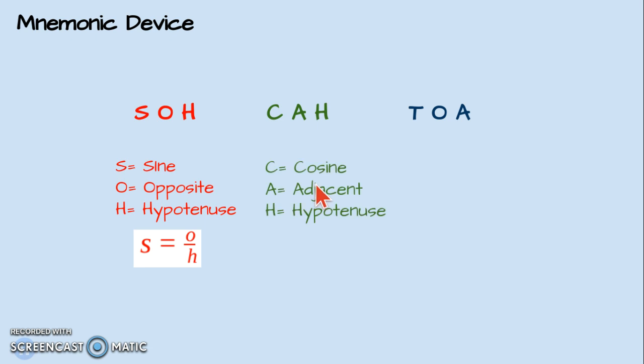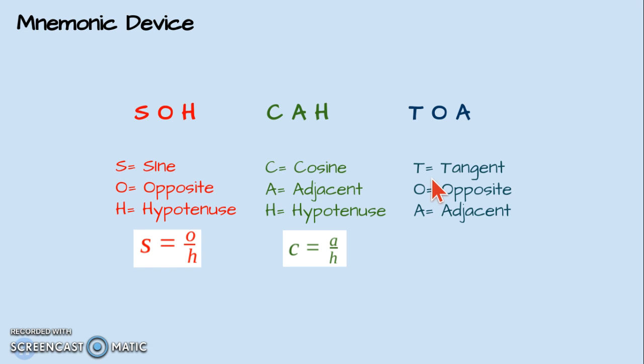Then we have CA, C is cosine, and cosine is equal to A over H, A is adjacent and H stands for hypotenuse. And finally we have TOA, where the T stands for tangent, and tangent is equal to O over A, or opposite over adjacent. These are the trigonometric ratios from the functions, and I will explain and use them in examples in the slides that follow.